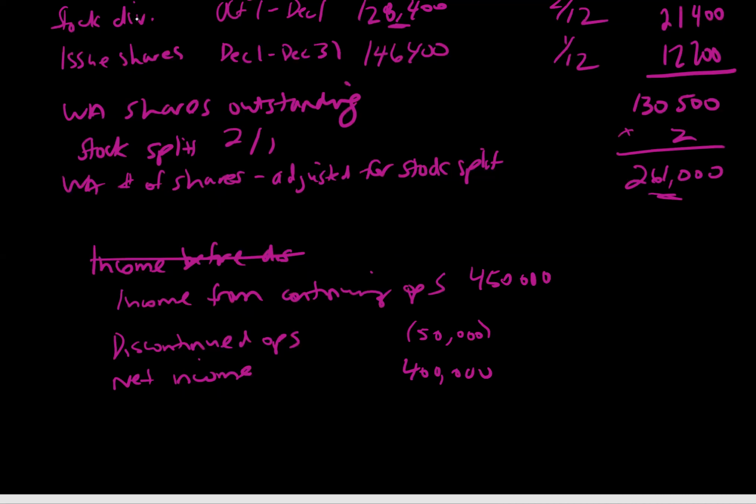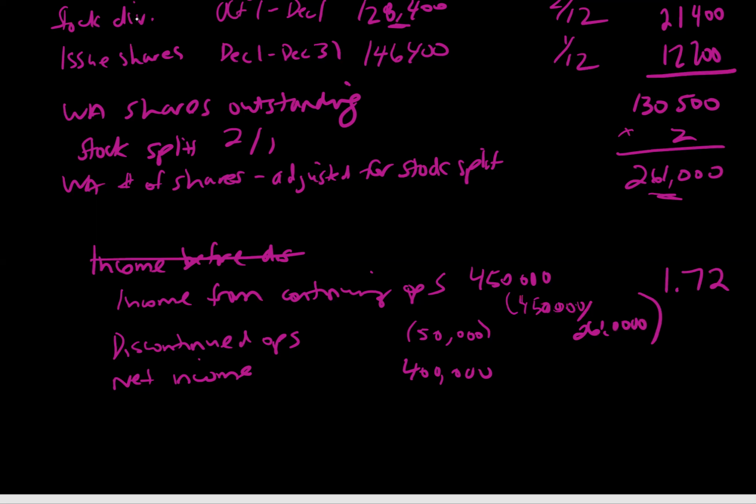So what are our earnings per share numbers then? So if we have 450,000 divided by 261,000 shares, it's going to give us $1.72.